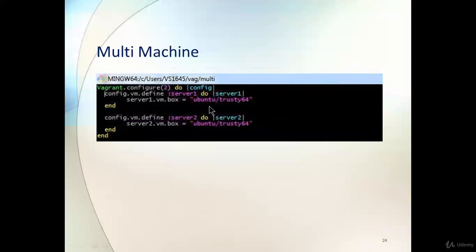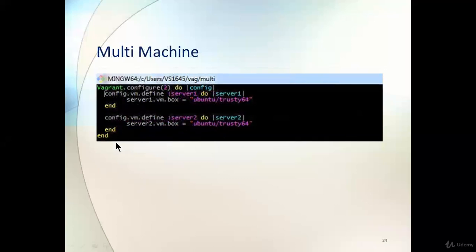So from config we have defined the 2 variables server 1 and server 2, and with the help of server 1 we have deployed ubuntu/trusty64 for server 1, and with server 2 we have defined the same operating system, ubuntu/trusty64, for server 2. When we run this, it will create 2 virtual machines. The operating system remains the same, but one is server 1, another is server 2. So if we have a requirement for multiple virtual machines, we can define them with a number of variables.